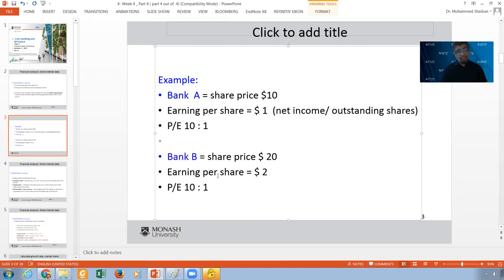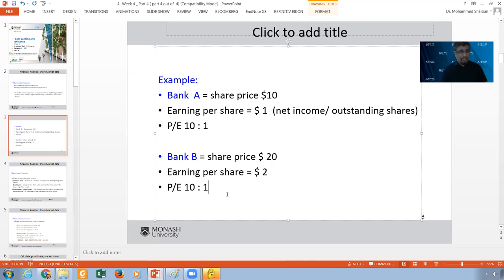Bank B is the same thing from the perspective of the investors, because the share price is 20, and they are making $2 per share. So actually, you still look at it as 10 to 1, or 20 to 2. So we say 10 to 1.